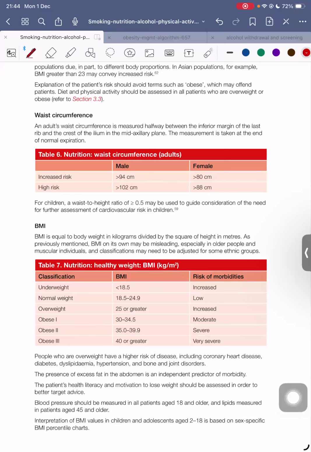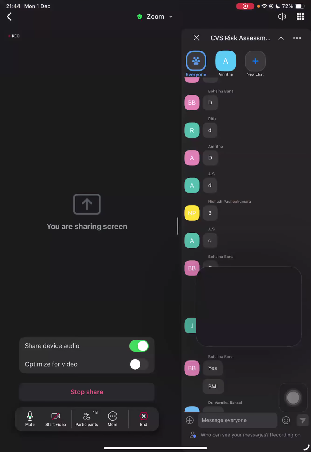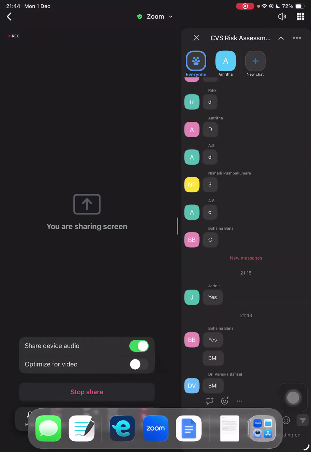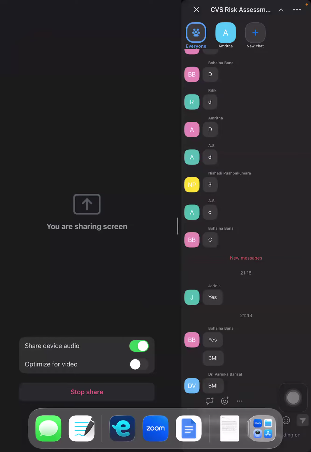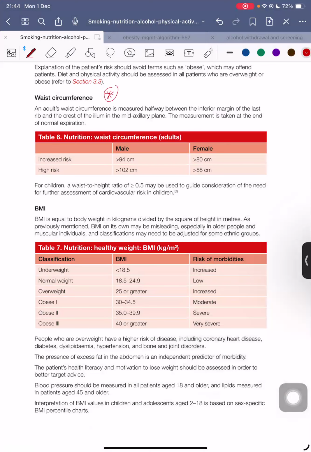Who can tell? Just two options, BMI and waist circumference. If you can't tell, you are saying BMI, right? It's actually waist circumference, doctors. Remember this, this is the most accurate one.